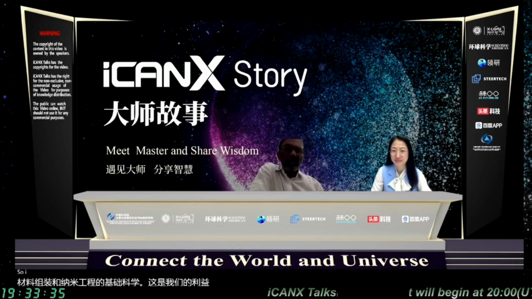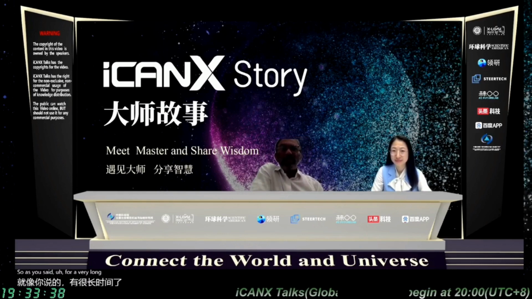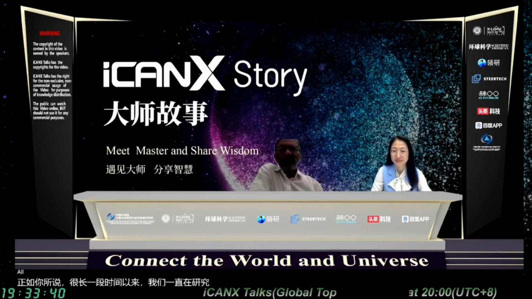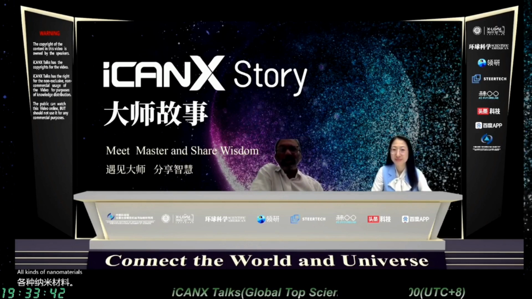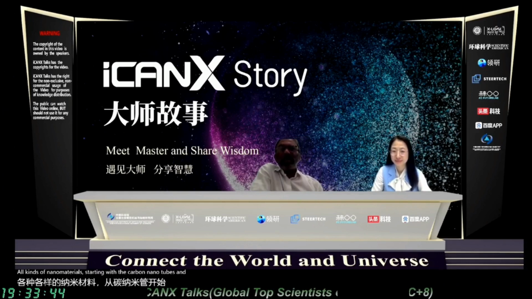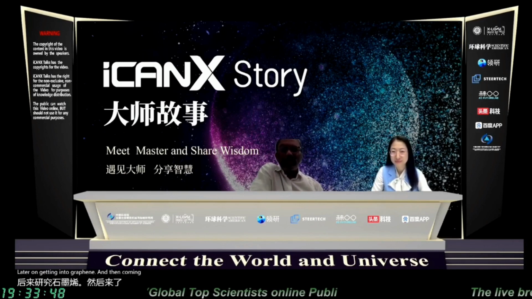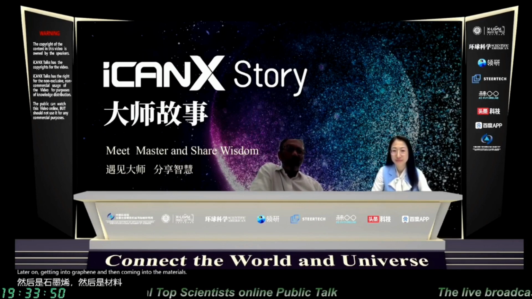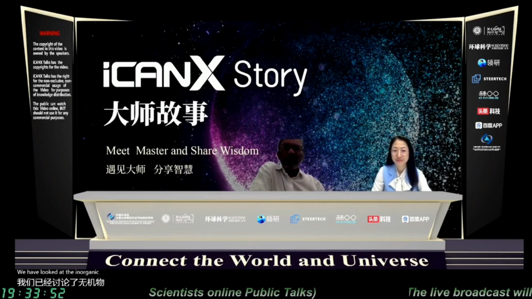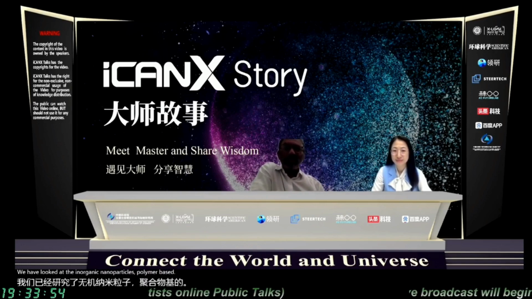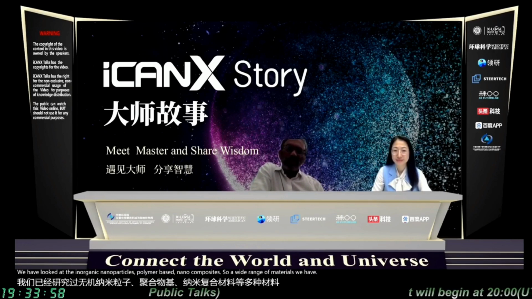As you said, for a very long time, we have looked at all kinds of nanomaterials, starting with carbon nanotubes and later on getting into graphene and then coming into 2D materials. We have looked at inorganic nanoparticles, polymer-based nanocomposites. So a wide range of materials we have looked at always.